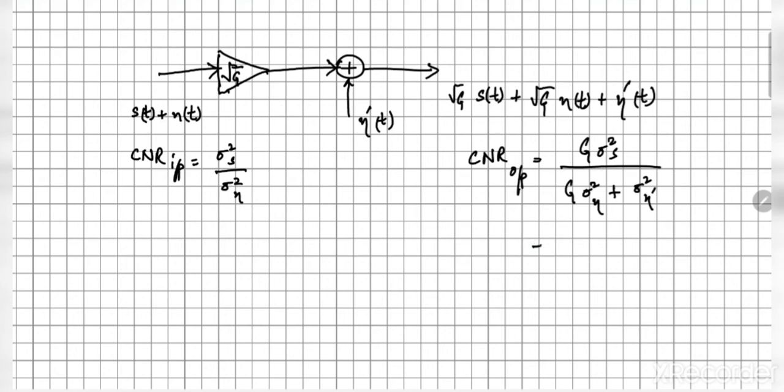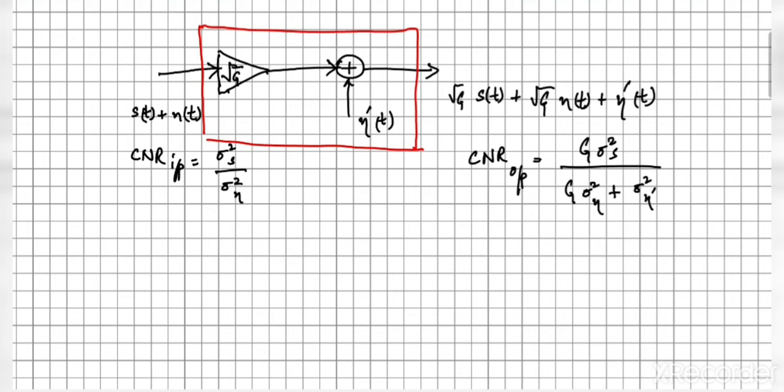And if we take out the common parts, we'll see that this can be expressed as sigma square S divided by sigma square eta plus sigma square eta dash divided by G. Now this was basically a hypothetical block which adds an amplification by a factor of G and adds some noise to the signal after amplification before feeding out the output.